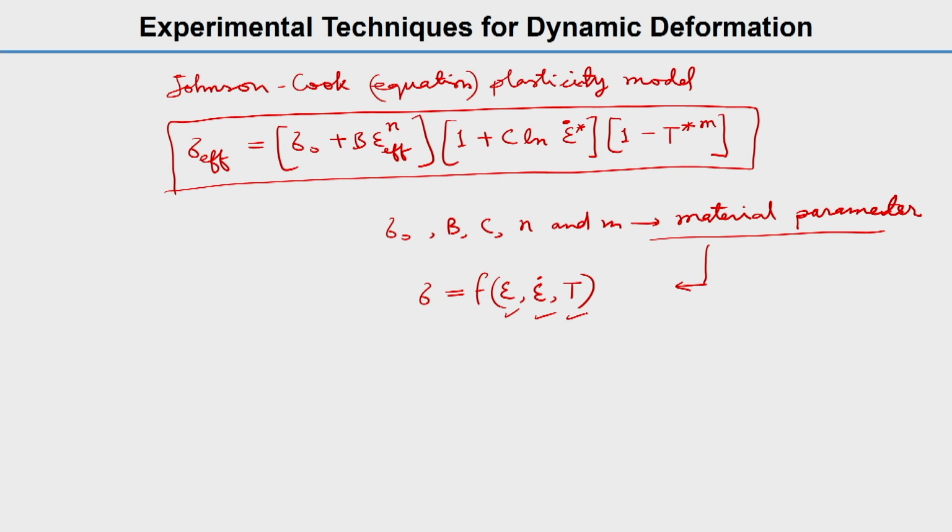Sigma effective and epsilon effective are the effective or equivalent values, and T star is the normalized temperature. That's why we have used the superscript star.